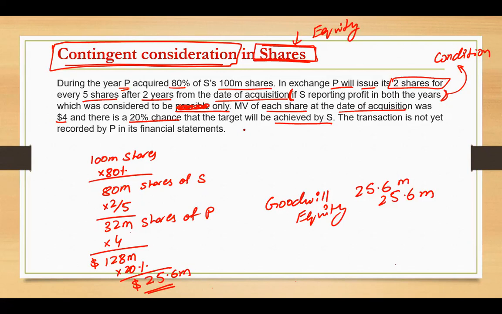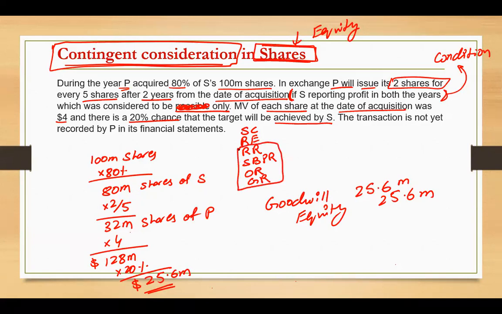And when we say equity, equity means the share capital, the retained earnings, the revaluation reserve, the share-based payment reserve, which is as per IFRS 2, any other reserve, any general reserve. All these reserves are a part of equity.